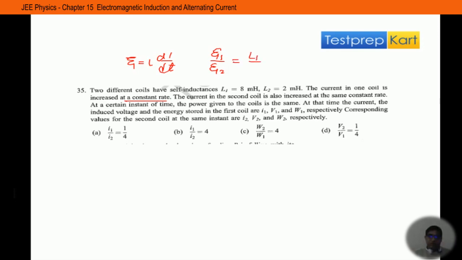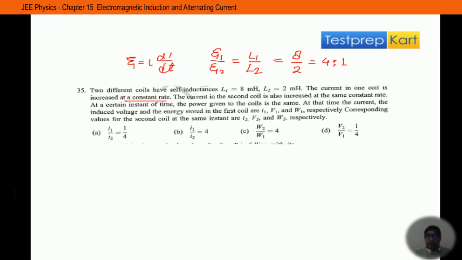L1 is 8 and L2 is 2. So the ratio for induced EMF is 4:1.